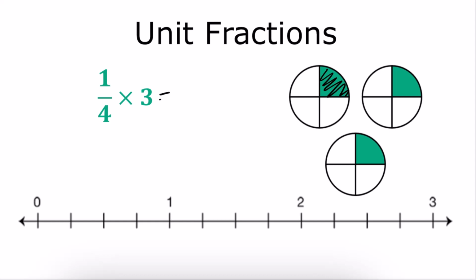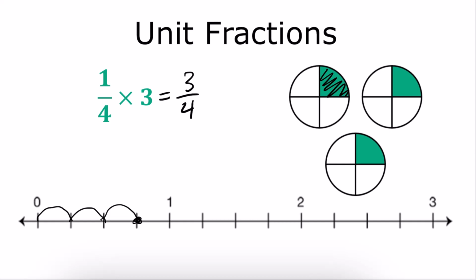And this makes it pretty easy to see that 1/4 times 3 should be 3/4. If you were to do it on a number line, you would say, okay, well, I'm going to go the distance of 1/4, and I'm going to do that 3 times. So there's 1 unit of 1/4, another one, and another one. And again, we get the same answer, which is 3/4.